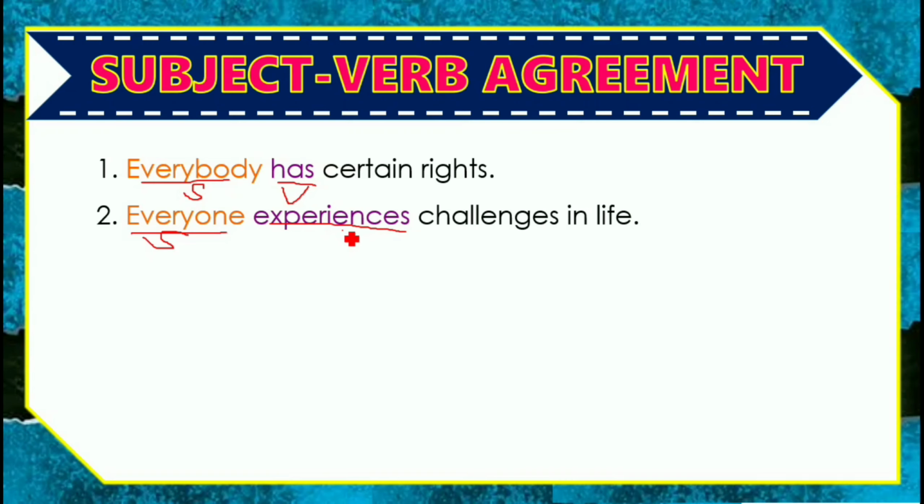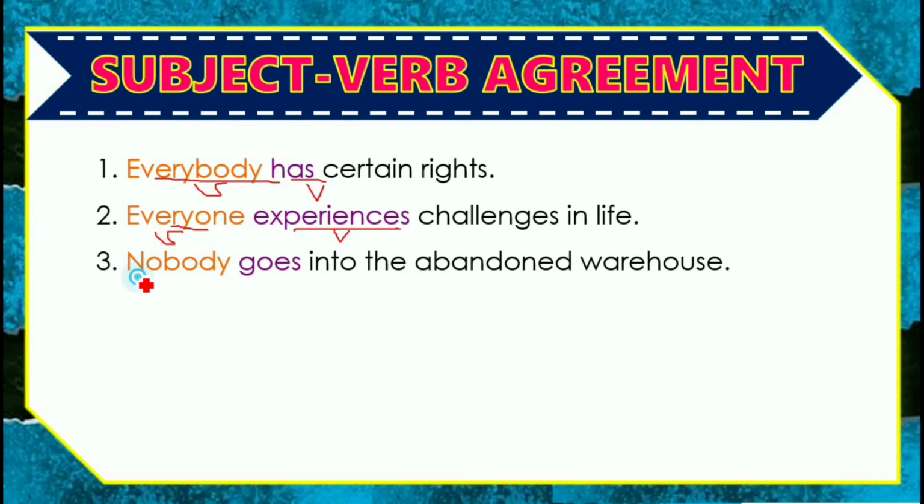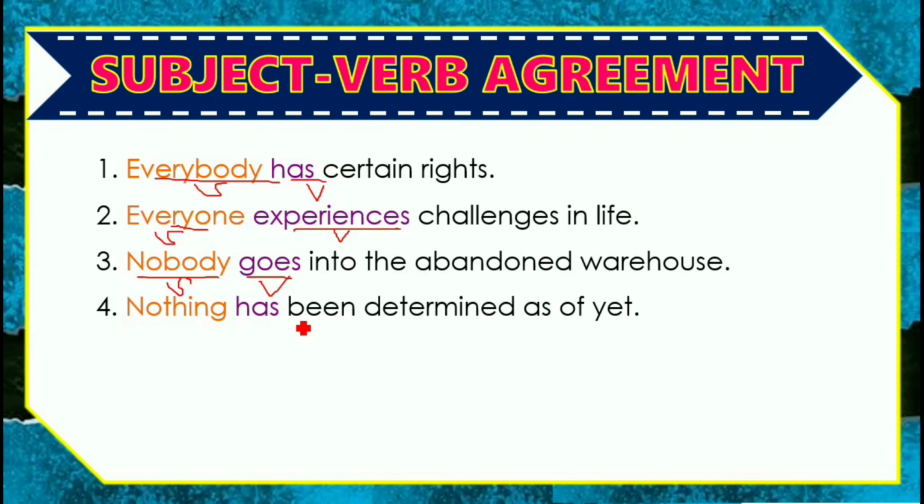That's why we need a singular verb. So it has an S. Nobody goes is our indefinite pronoun singular subject. Goes, singular verb. Nothing has been determined as of yet. So we have nothing, singular subject, has as our singular verb.